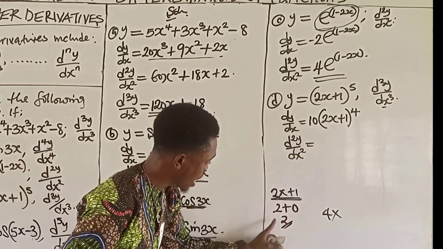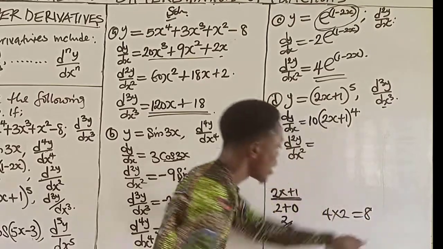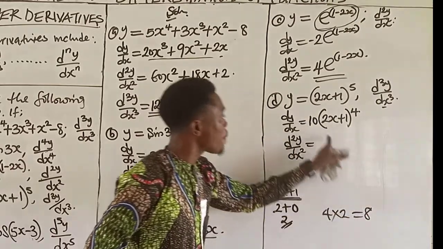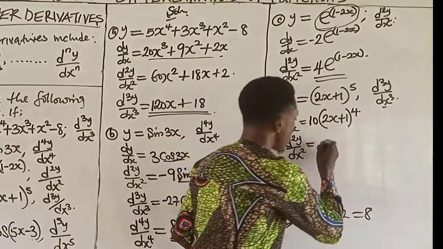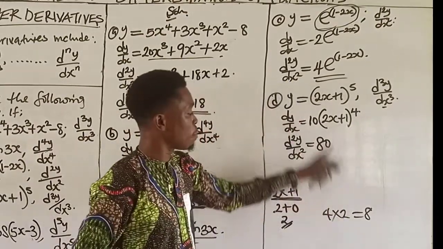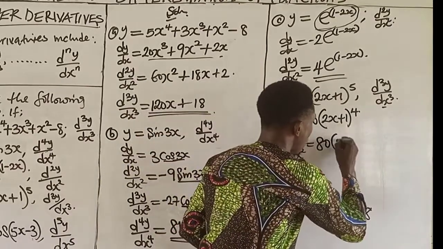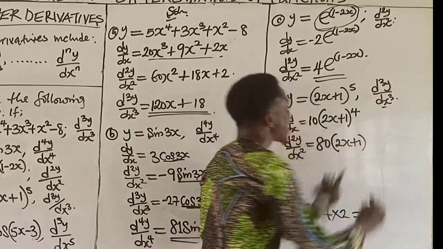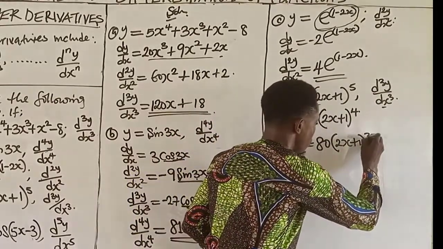And when we differentiate 2x plus 1, we have to multiply this by 2, and this will give us 8. We now need to multiply this 8 by the existing coefficient. 10 multiplied by 8, we have 80. Now, we repeat this whole bracket, 2x plus 1, and reduce this power by 1. We have this to be 3.